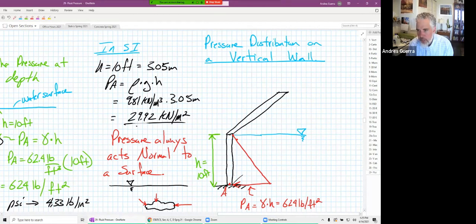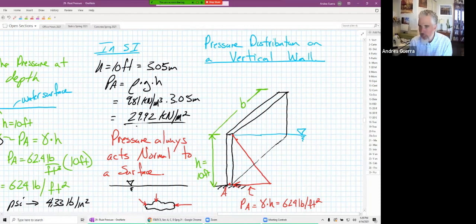There's our swimming pool wall, goes like that. And we'll draw the whole wall here, and we could provide a length, a dimension into the page. We'll call that distance B.